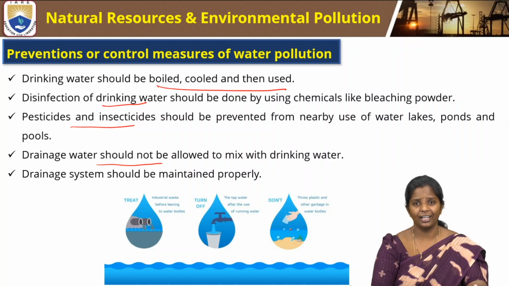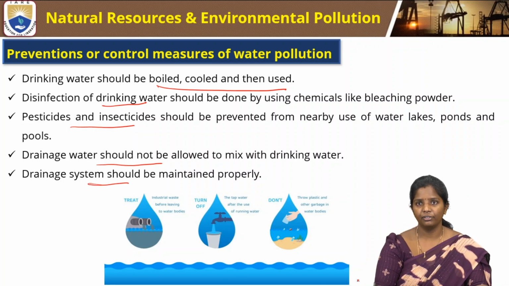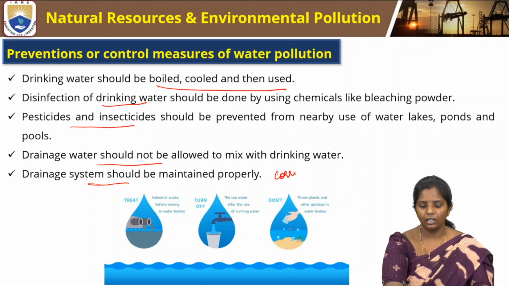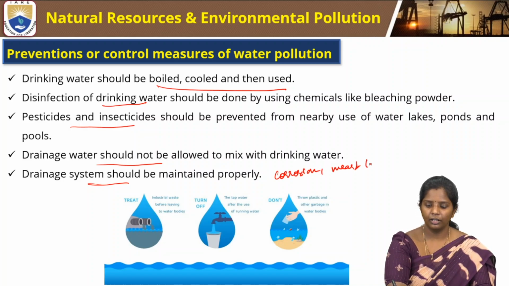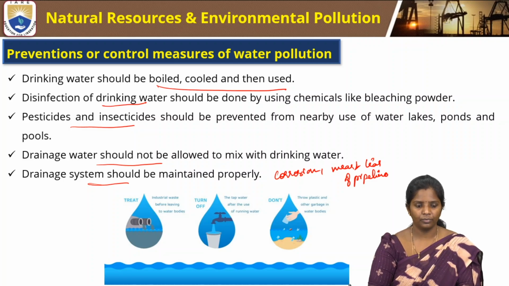Whenever there is a drainage line, it has to be separated from the drinking water pipeline. And also the drainage system should be properly maintained. Check for corrosion or wear and tear of the pipeline. So this maintenance is necessary to avoid any water pollution.